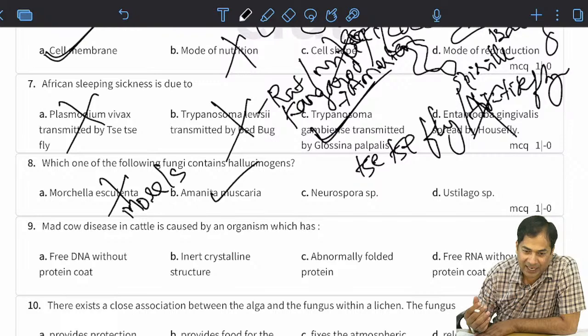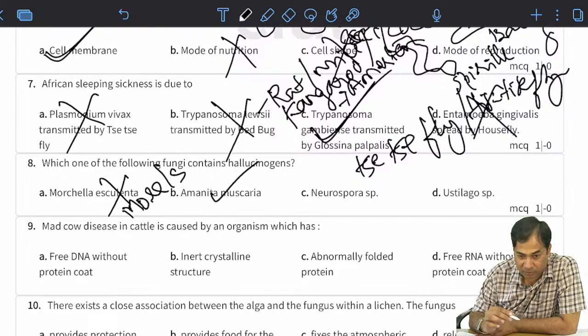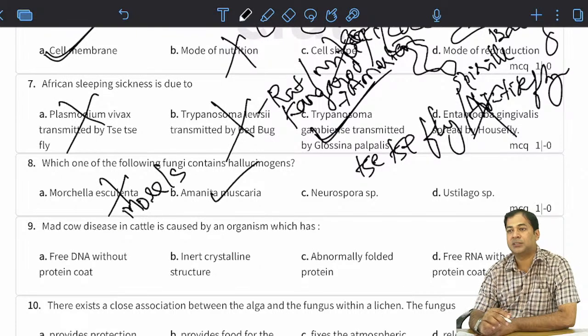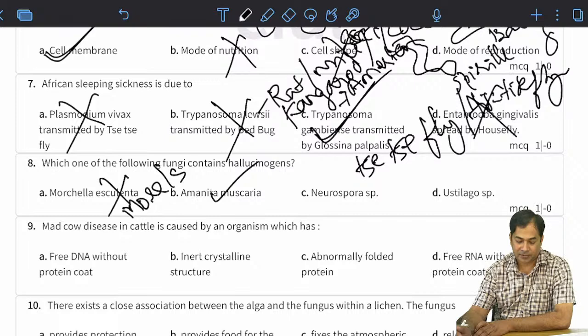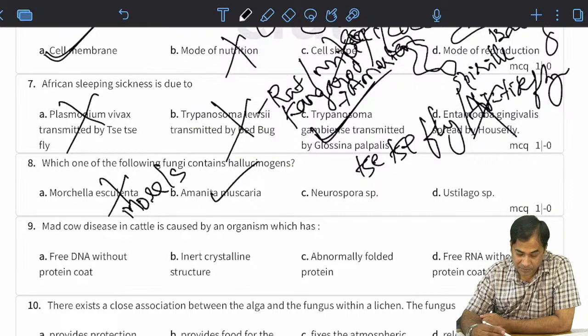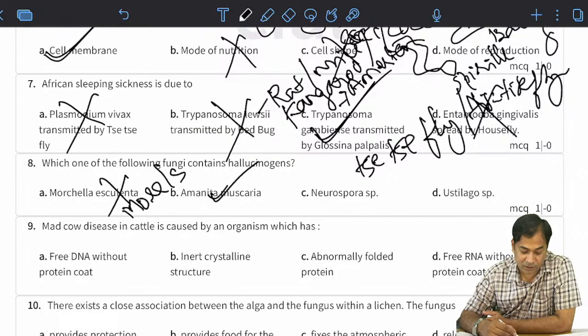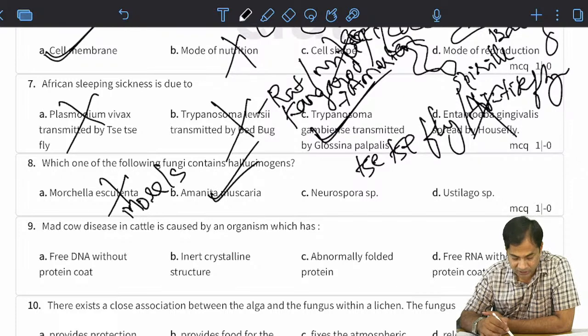They didn't have any parameters to check whether mushrooms are poisonous or edible. Some members are edible and some are hallucinogenic. So definitely option B, Amanita muscaria, should be the correct answer.